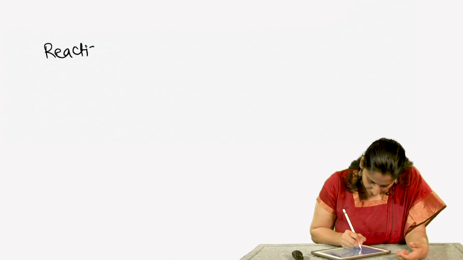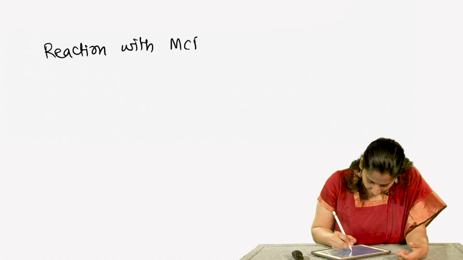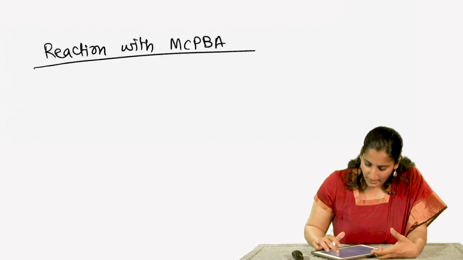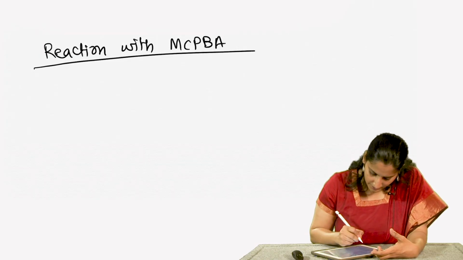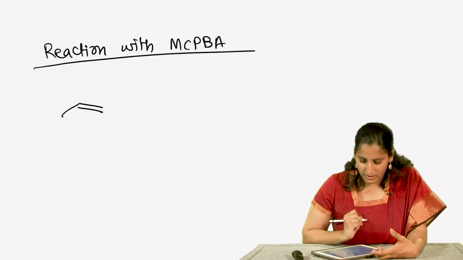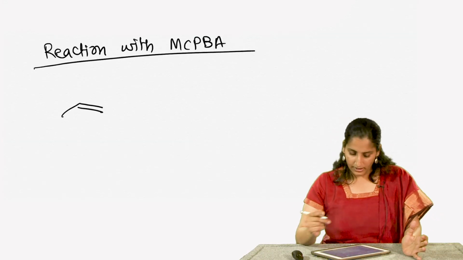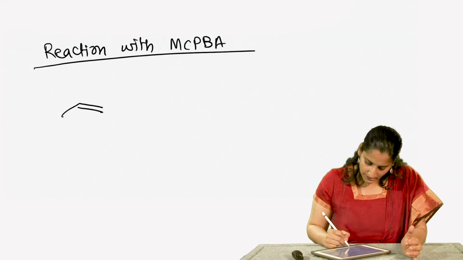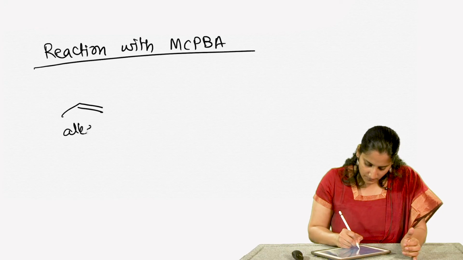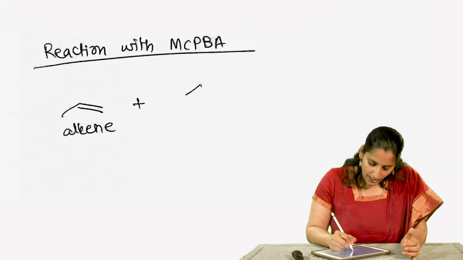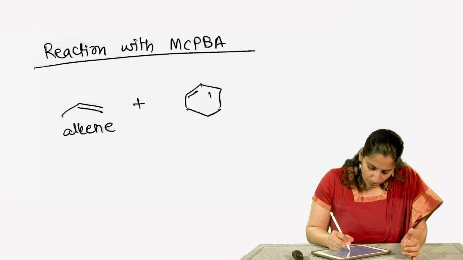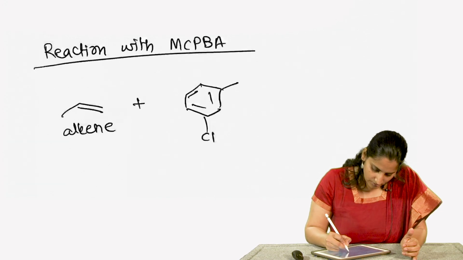Another reaction to form an epoxide uses a reagent called metachloroperbenzoic acid. This kind of reaction starts with alkenes. So, any alkene can take part in this reaction and react with metachloroperbenzoic acid.